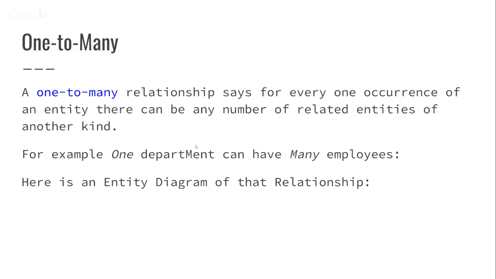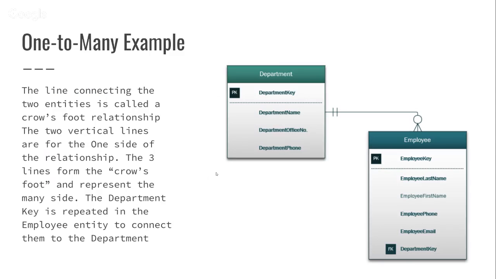Okay, one department can have many employees. So here's a diagram of that. When I get into Lucidchart, I'll show you how to do this. This is the one side, this is the many. This is what you call a crow's foot diagram, the relationship.